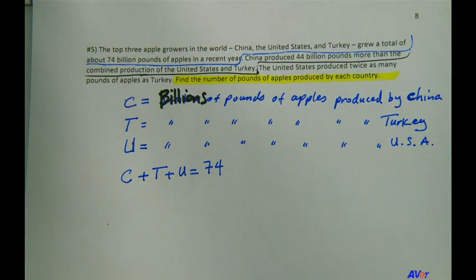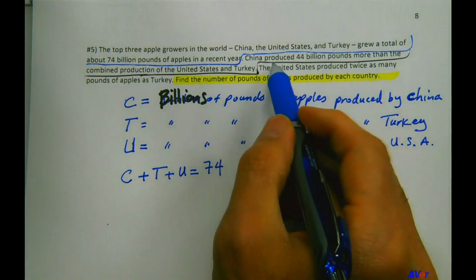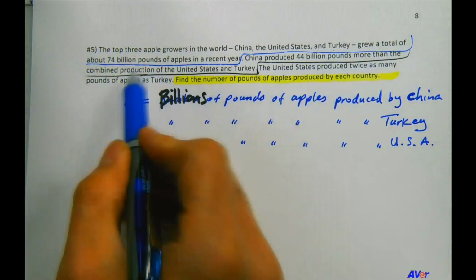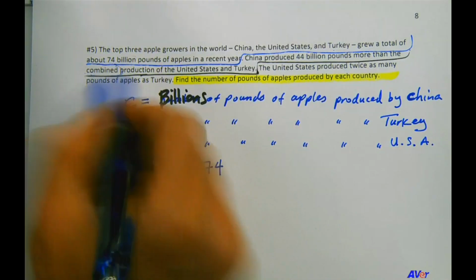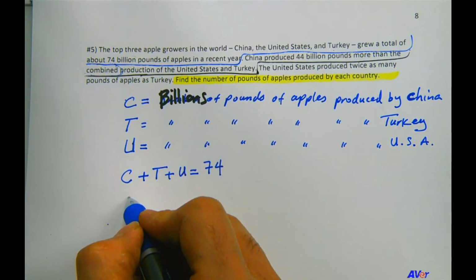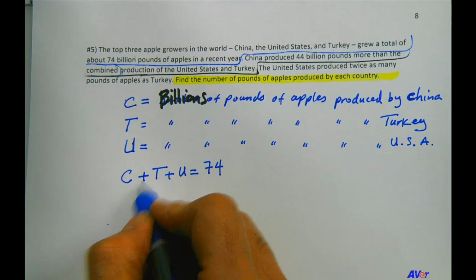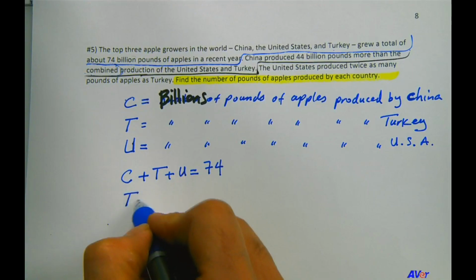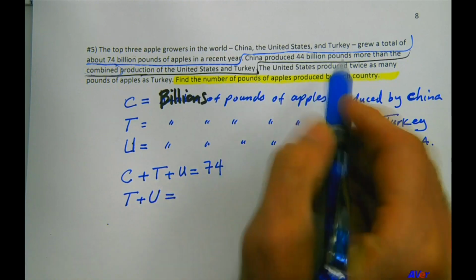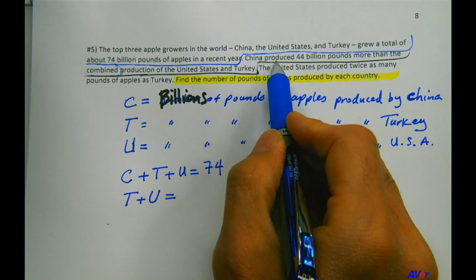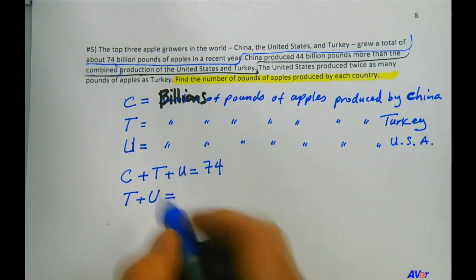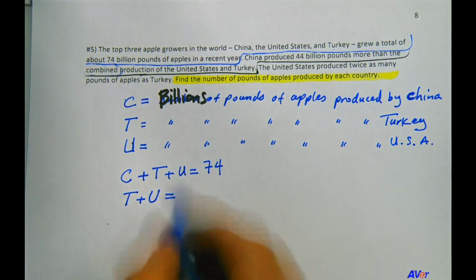All right, I'm assuming that you've done that. So let me now write this. China produced 44 billion pounds more than the combined production of the United States and Turkey. So that means if we combined production of Turkey plus the United States, that would be equal to what China produced. I should have written that on this side, but it's okay.